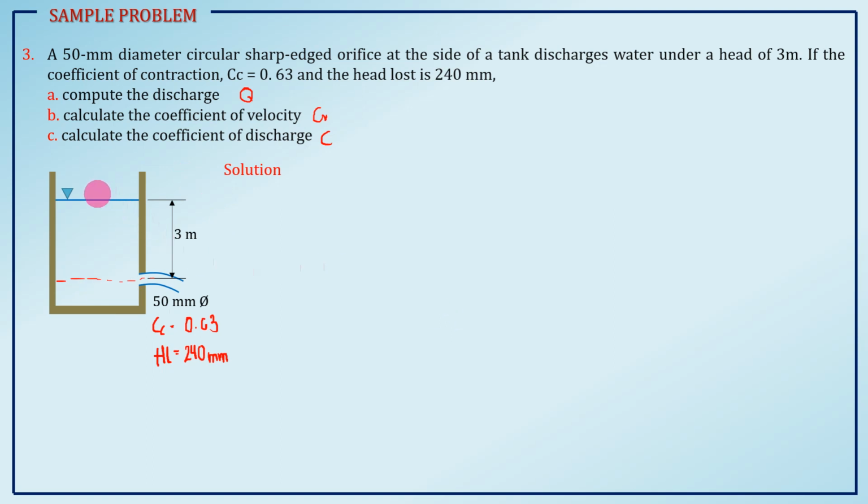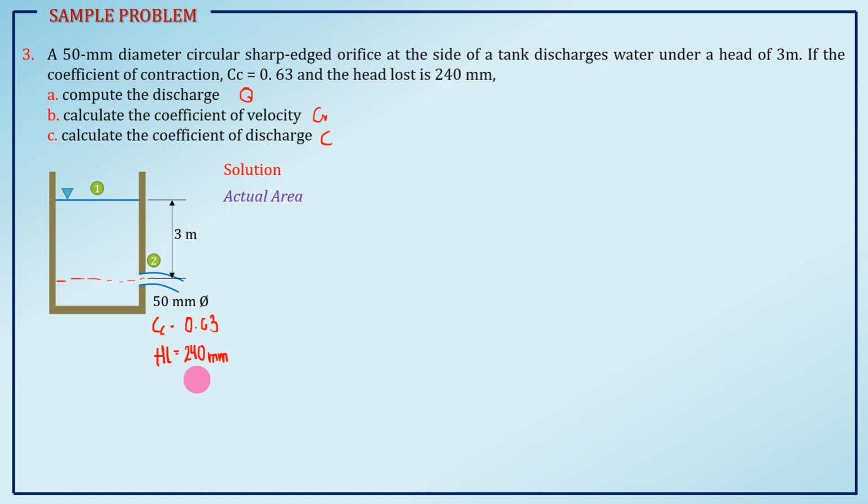So, our point 1 would be this one, and point 2 is this. We will use these later in calculating the actual velocity, using this head loss of 240 mm. But for now, let's solve for the actual area.